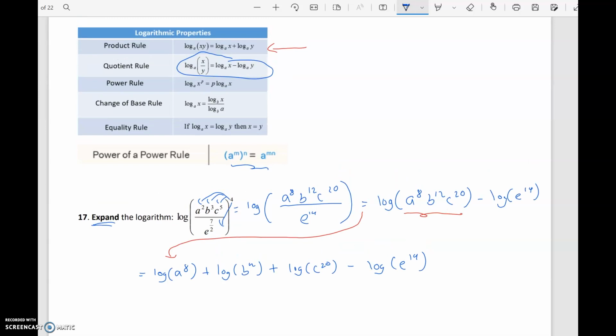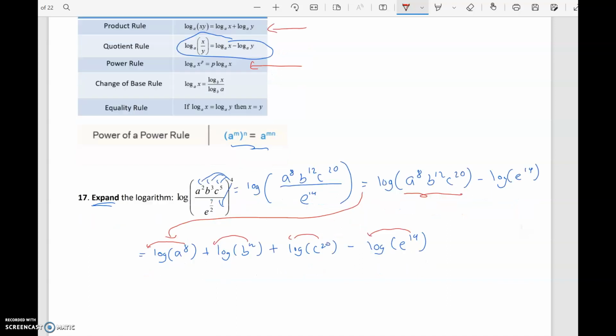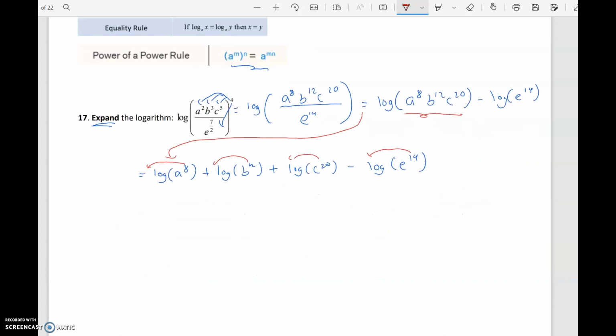And in the last step, we're just going to use the power rule. What this is going to do is drop all of the exponents and express them as constants in front of the log. So that's going to be our final answer.